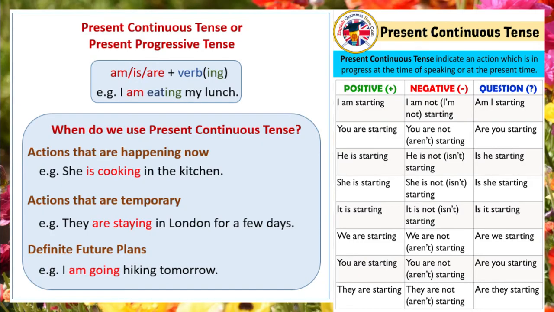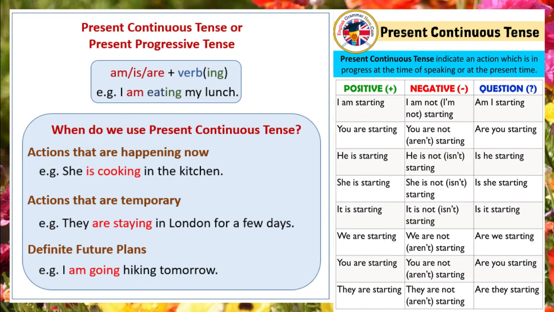Present continuous tense or present progressive tense: am, is, or are plus verb with the ing ending. For example, I am eating my lunch. When do we use present continuous tense? Actions that are happening now. For example, she is cooking in the kitchen.